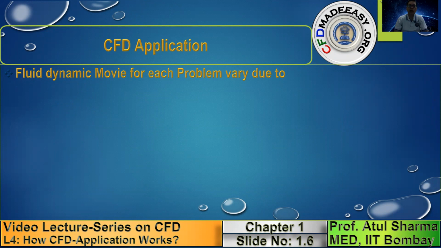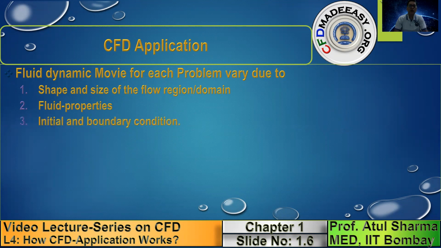The results which you obtain from CFD simulation, or a fluid dynamic movie which you obtain for each problem, vary due to first, shape and size of the flow region or the computational domain. Second, the fluid properties like density, kinematic viscosity, and so on. Third, initial condition and boundary condition.